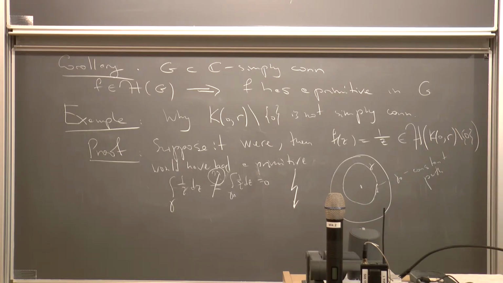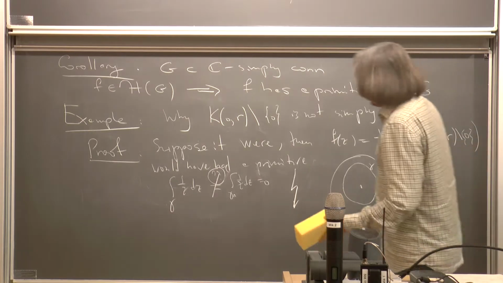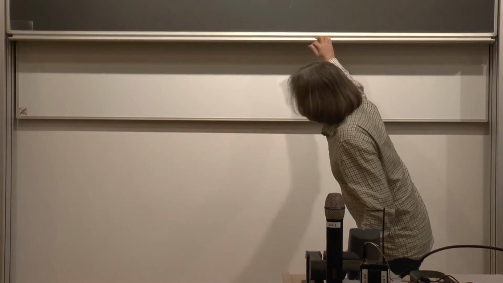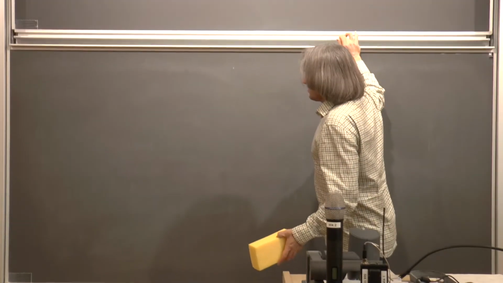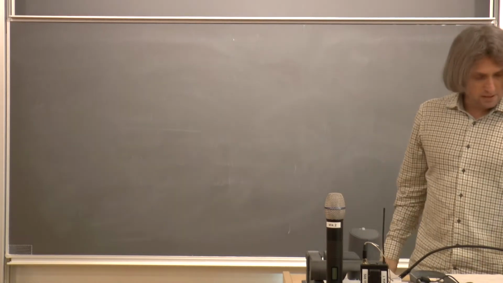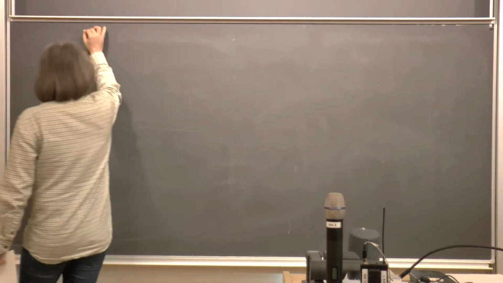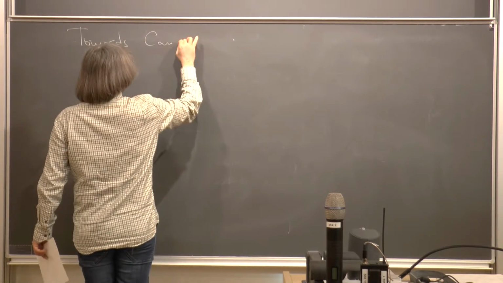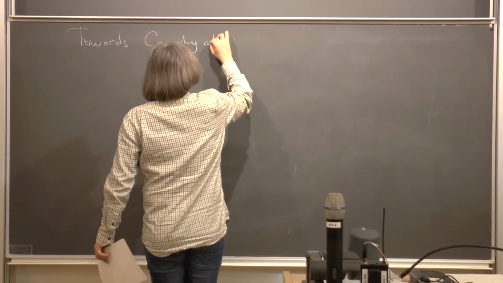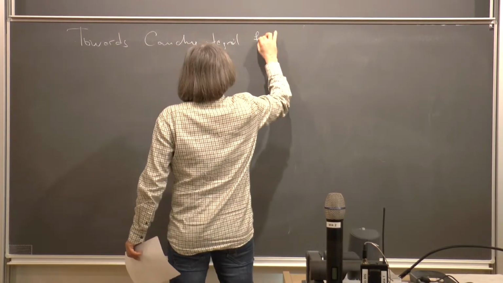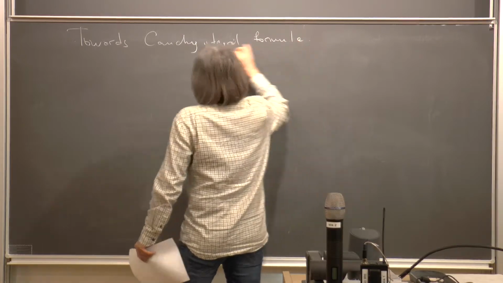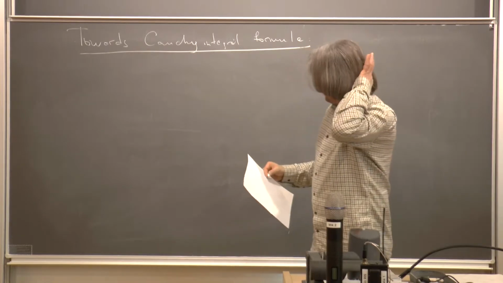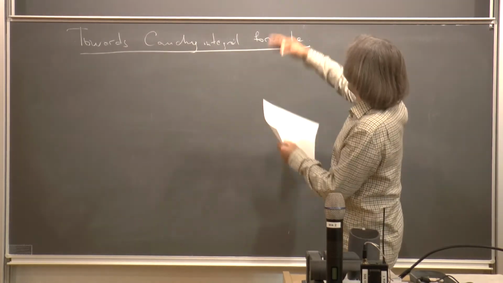So another application is like this. It's actually the beginning of the next topic, towards the Cauchy integral formula. Suppose we have the same situation more or less as here.